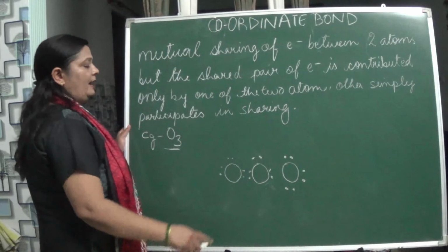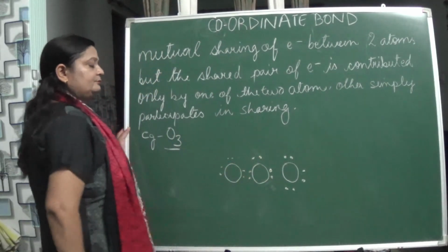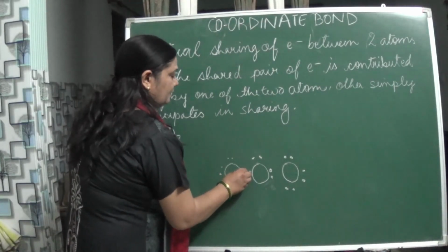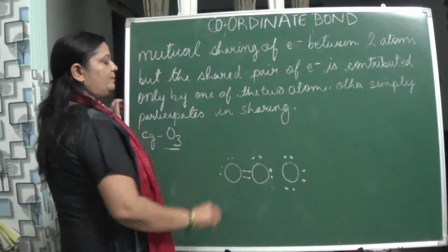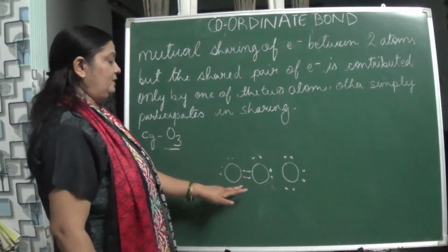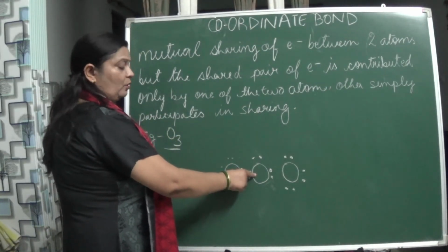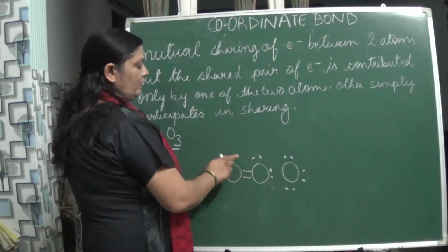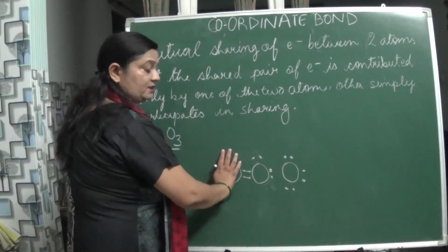You can see I have made the dots in a different manner. This oxygen shares one pair of electrons and this one pair of electrons, it means 2 pairs of electrons, forming a double bond between these 2 oxygen atoms. You can see 4 plus 4, 8, the octet of this oxygen is complete.